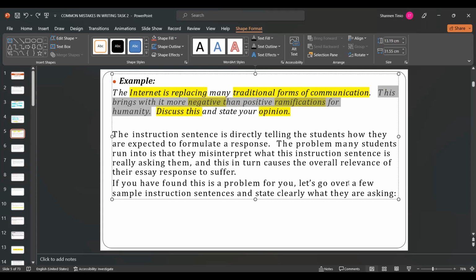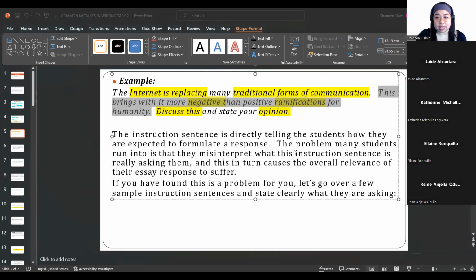Okay? Can anybody give an answer? What are the negative consequences of internet replacing traditional forms of communication? It could probably be maraming positive effects, pero ang hinihingi kasi dito, what are the negative consequences or what are the negative effects?